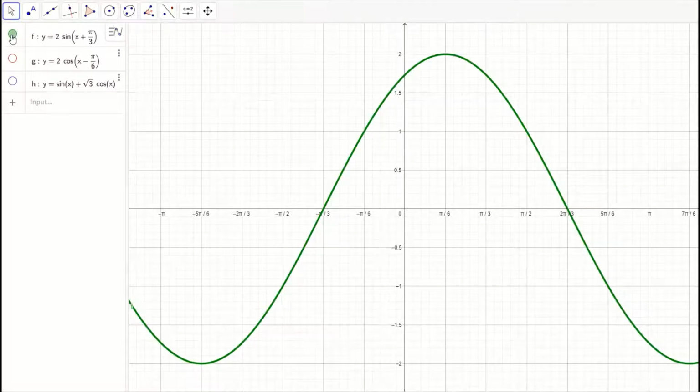So the first one, the green curve, was the first sine function that we deduced from the sketch, using those 2 translations. And you can see clearly you've got the maximum value at 2 there and at -2, and it's translated by pi over 3 to the left, of course.